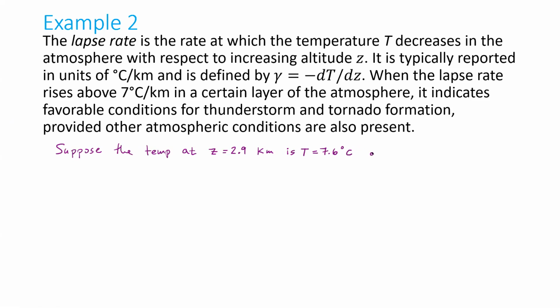And then we look at a different altitude. So the temperature at z equals 5.6 kilometers is T equals negative 14.3 degrees Celsius.